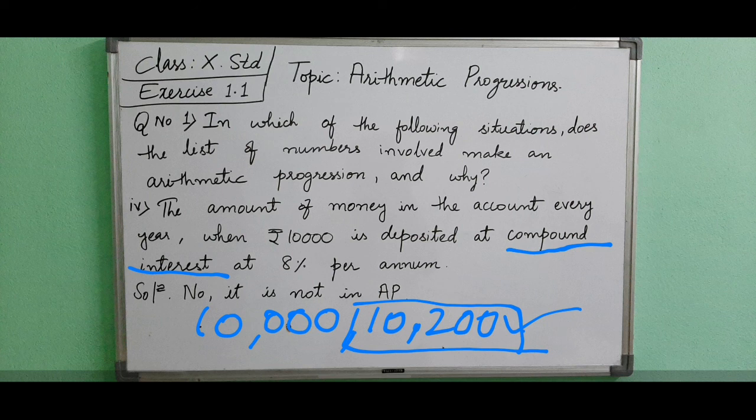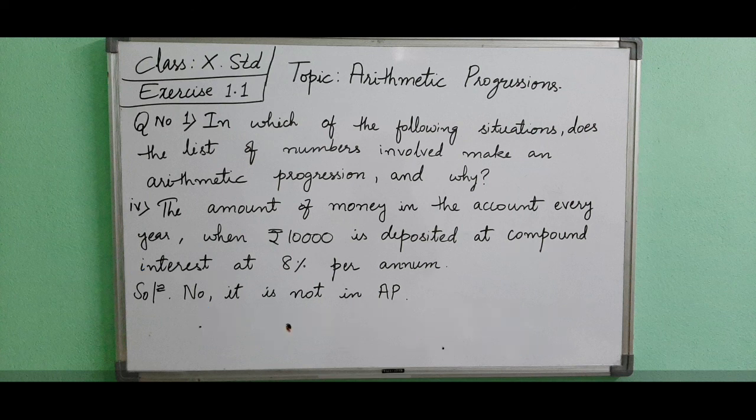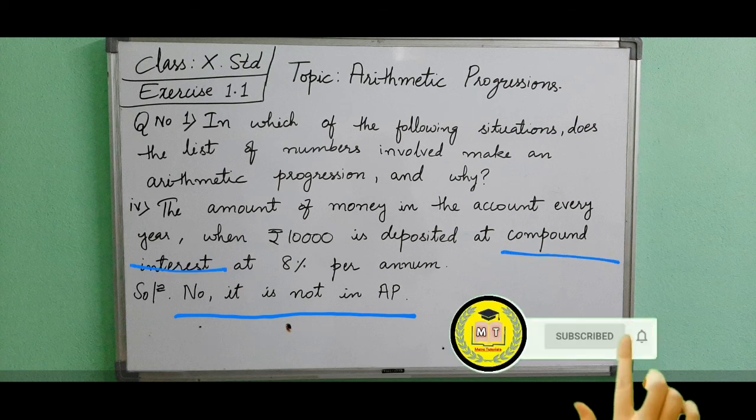Each year the interest will increase. If suppose in the first year the interest is 100, in the next year it may increase to 120, 130. So it's not the same amount that we are adding. So when the same amount is not added, the difference is not the same. When the difference is not the same, they will not be in AP. So because of this compound interest, we are saying they are not in AP.